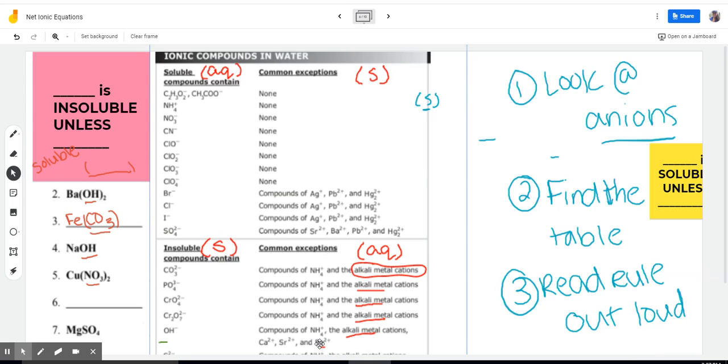So let's talk about what that means if you have one of the exceptions. You see that I wrote here aqueous, solid, solid, aqueous. So basically, you're following what the table is actually saying in terms of solid or insoluble and switching to the opposite when you have one of the exceptions.